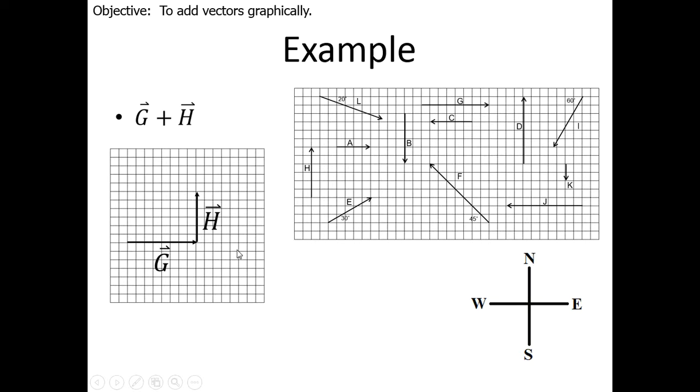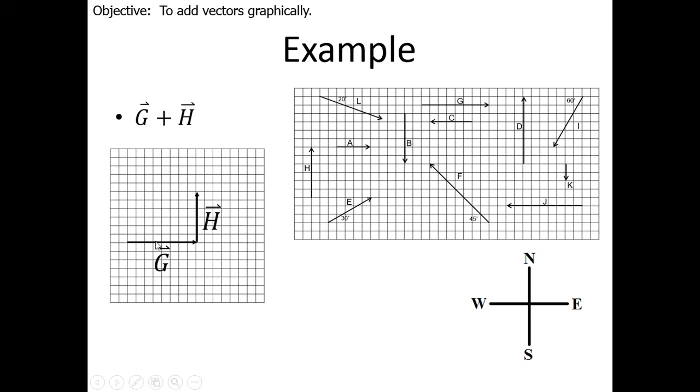Now, with adding vectors graphically, I can just simply get out my ruler and measure the distance between these two, and that's going to give me the magnitude of my resultant. And I can get my protractor out and measure the angle between these two, and that's going to be my direction. I can do that graphically, or I can use my trig ratios, which we're going to do next, to get the answer.